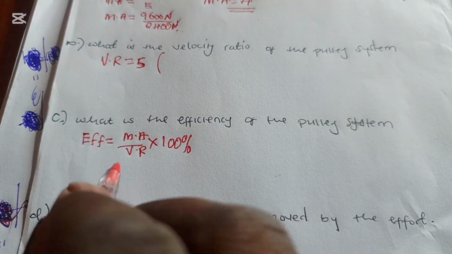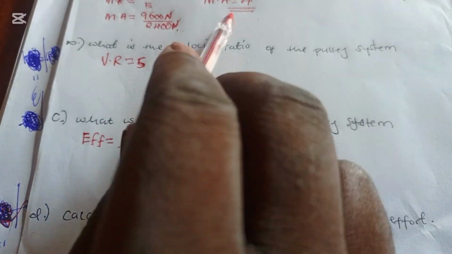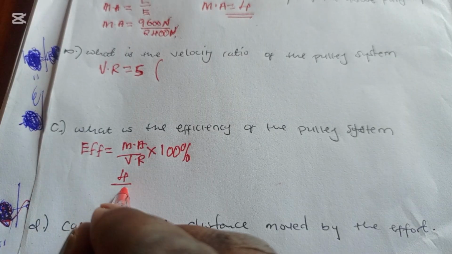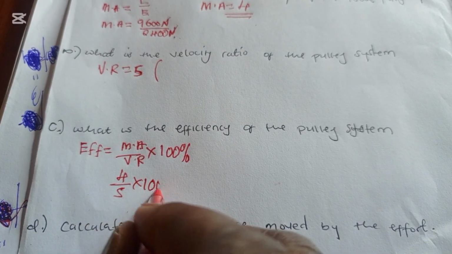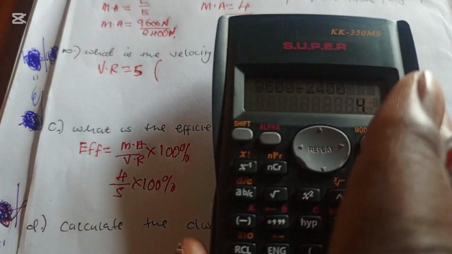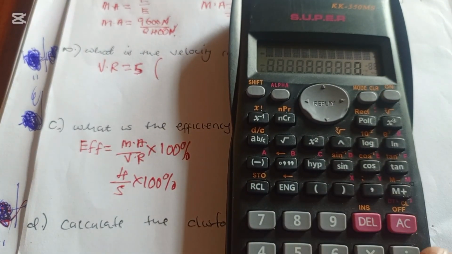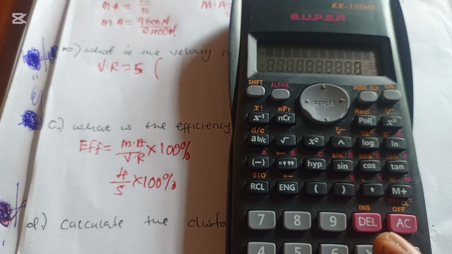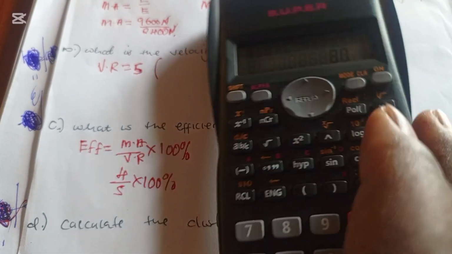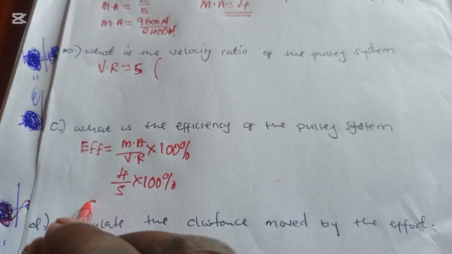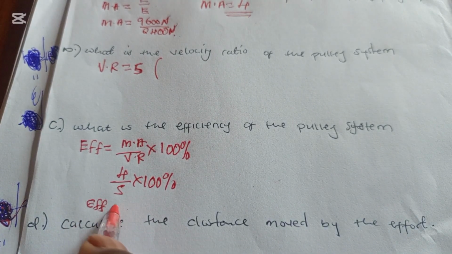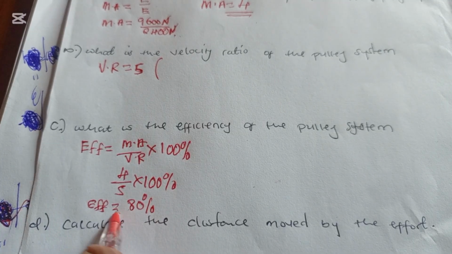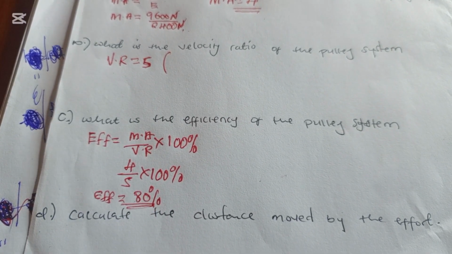So we get 4 over 5 times 100%. On the calculator, the answer is 80%. So efficiency is equal to 80% as the final answer.